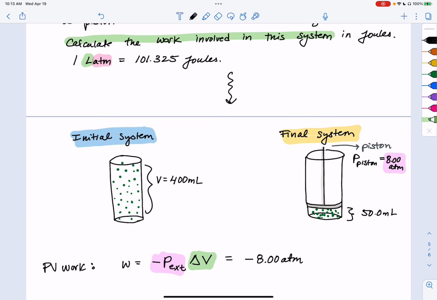So I'm going to actually do my initial volume here, convert milliliters to liters. I'm going to move my decimal to the left 3 places, or I'm going to divide by 1,000. So this becomes 0.400 liters. And then if I'm going to look at my final conditions, VF, moving my decimal over again 3 places to the left, or dividing by 1,000, becomes 0.0500 liters.